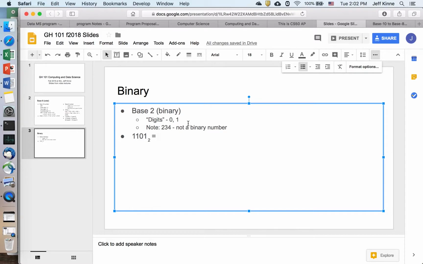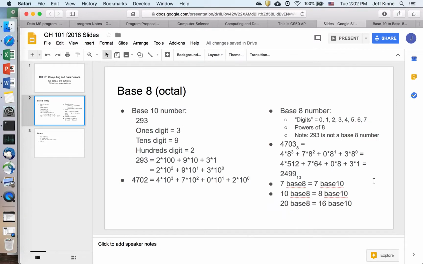All right, so we're going to do the same thing we did with the powers of 8. So here the 3 was the 1's digit, the 0 was the 8's digit, 7 was the 8 squared, and the 4 was the 8 cubed.